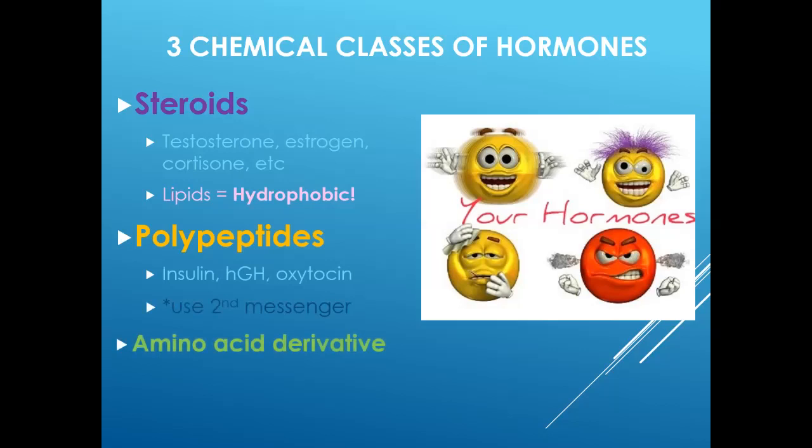And the third category are called the amino acid derivative. It doesn't have an S at the end because there is only considered to be one, which is epinephrine. Now, I'm going to make a quick disclaimer here. When we get to neurotransmitters, the amino acid derivatives show up there.